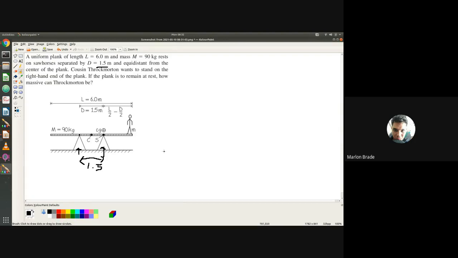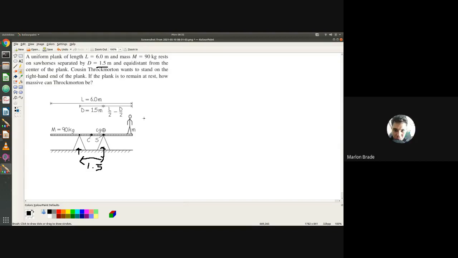Okay. So guys, first of all, kung wala pa mosakay si Throckmorton, asa ang position sa center of mass? Uniform ang density sa akong plank.